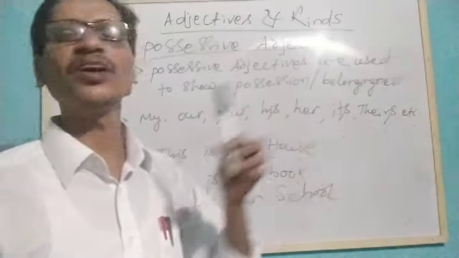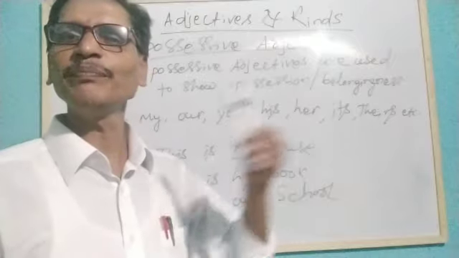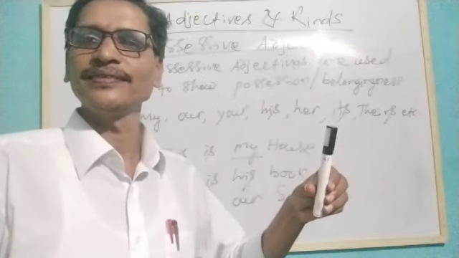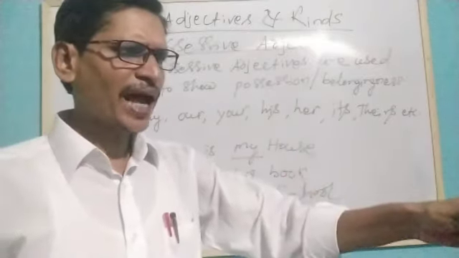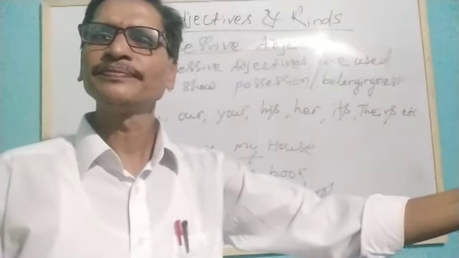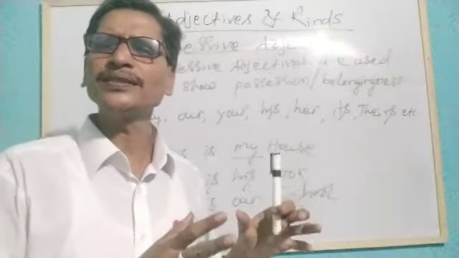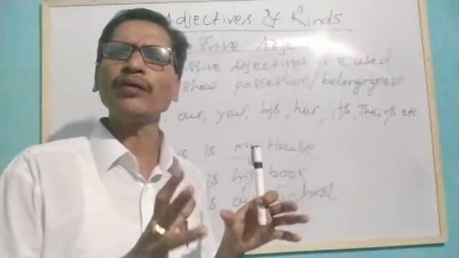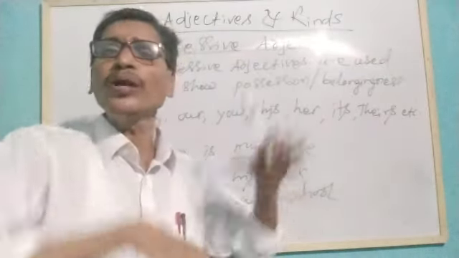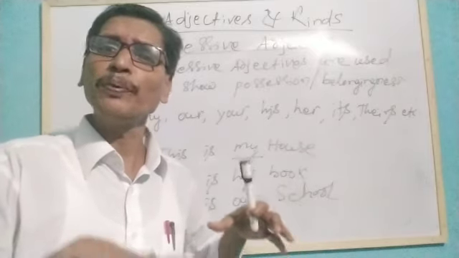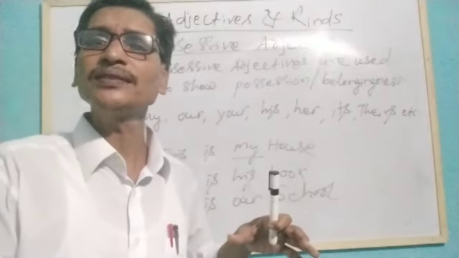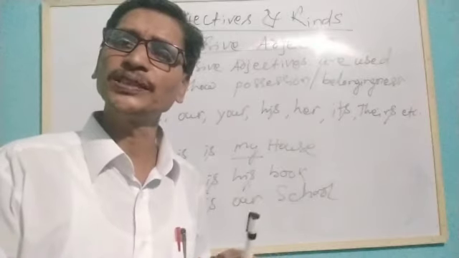That means this belongs to me. This pen belongs to me. This is my pen. That chair belongs to him. That is his chair. So such possessive words, possessive pronouns, we have been using before nouns to talk about possession. So these words are otherwise called possessive adjectives.